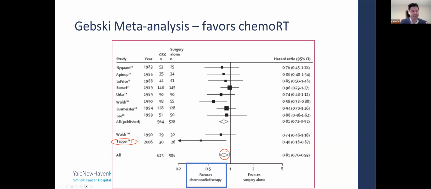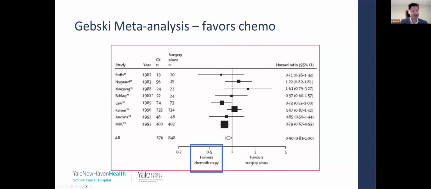But when you combine all of them together, there is something that suggests favoring chemoradiation for esophageal cancers. Very similarly for chemotherapy without radiation, also crossing unity, but when you put them all together, although just touching unity, potentially favoring chemotherapy.